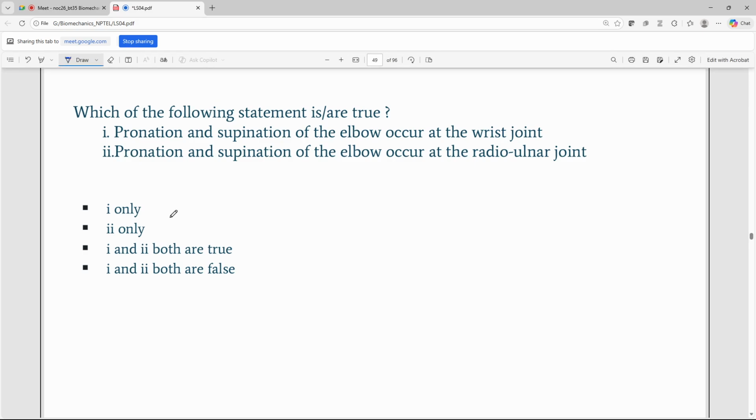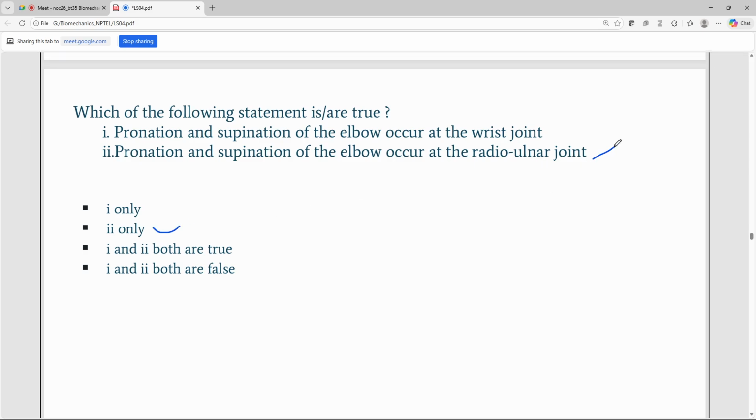Yes, option B, that is statement 2 only.